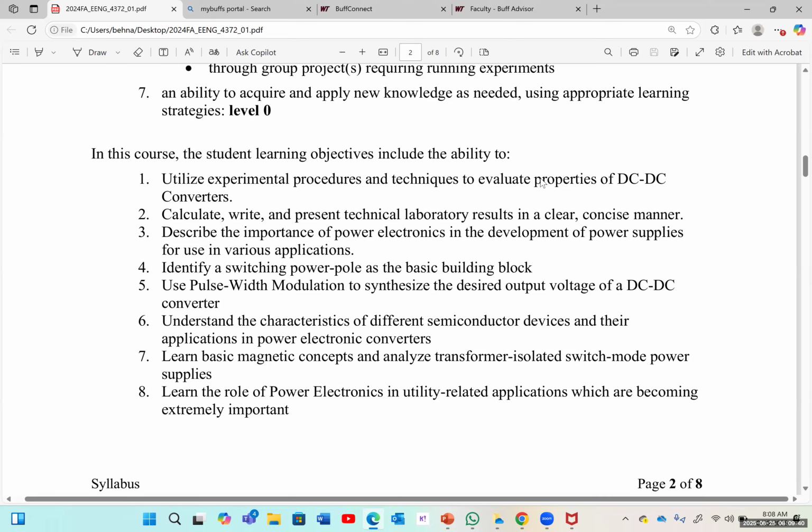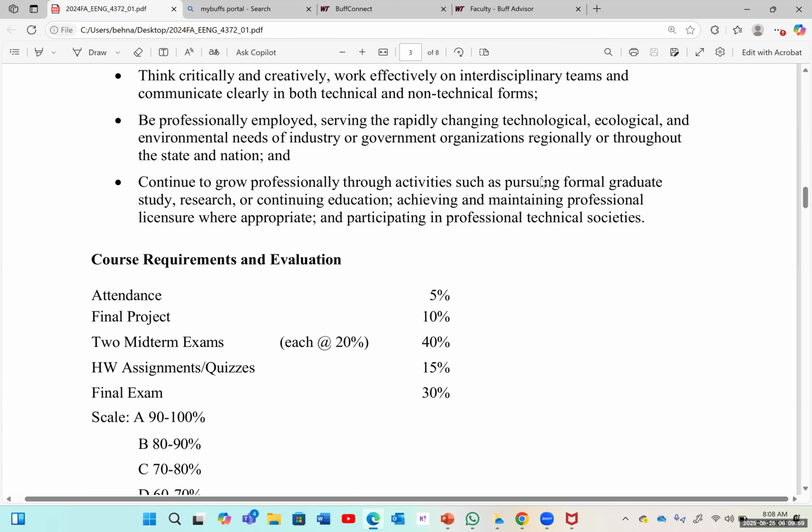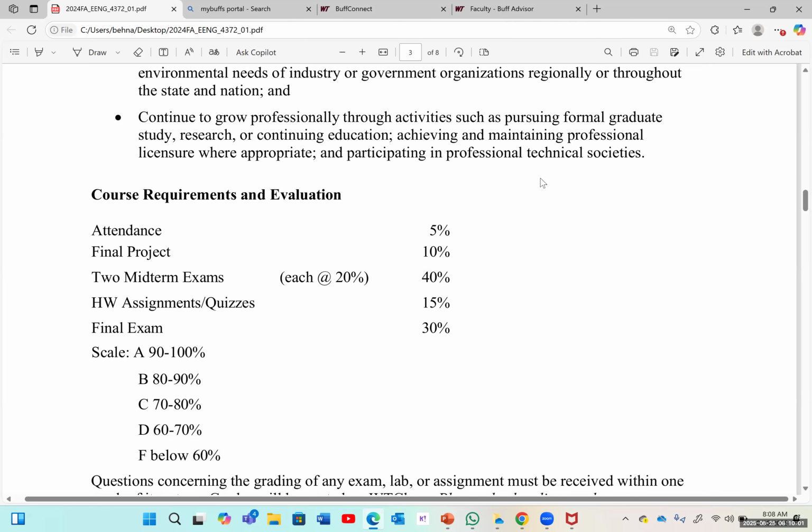This course comes with a final project, and in that project you would be required to build a type of converter, a DC to DC converter, or a DC to AC, or AC to DC converter. It's going to be pretty simple. For the requirements and evaluation, 5% is attendance, which for online students is a little different.